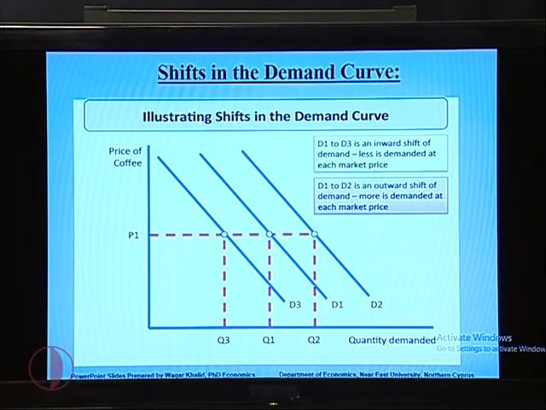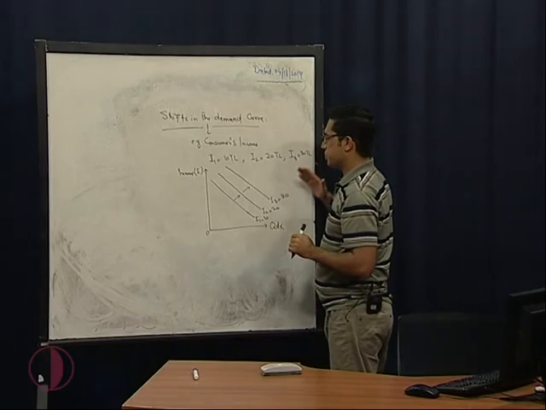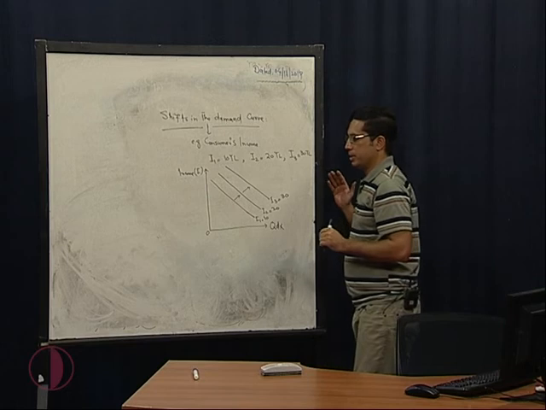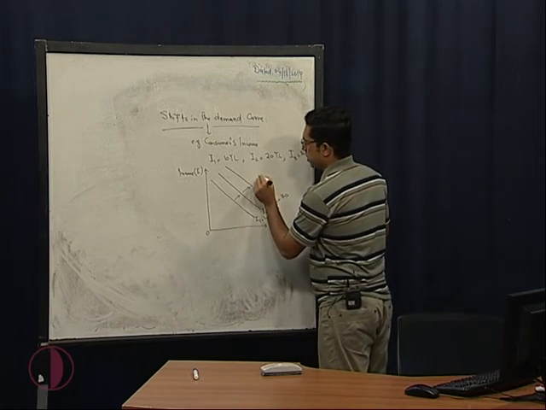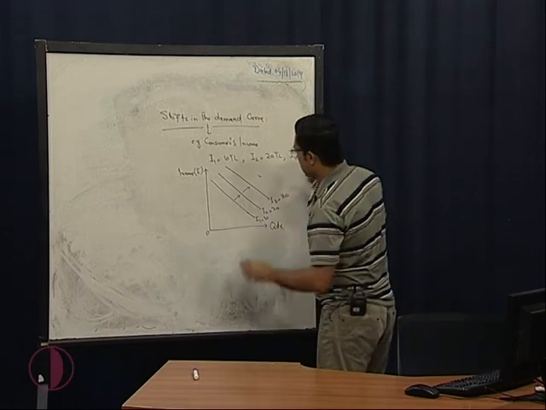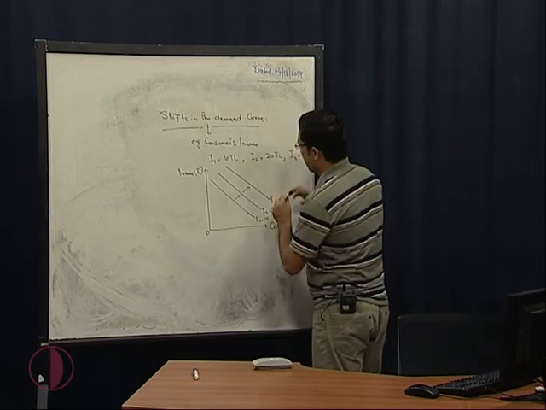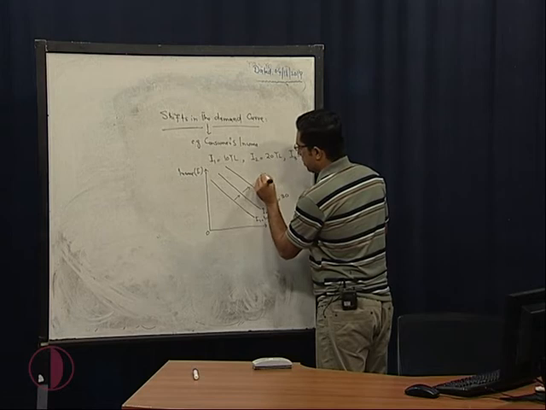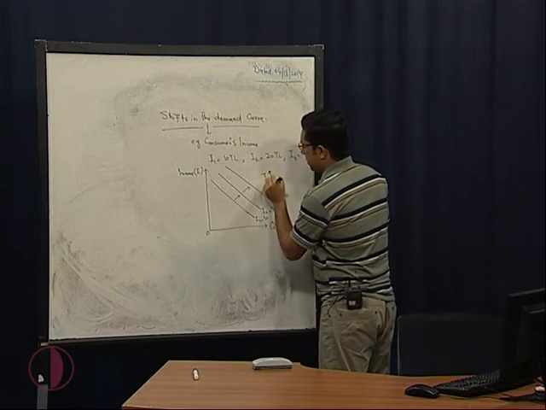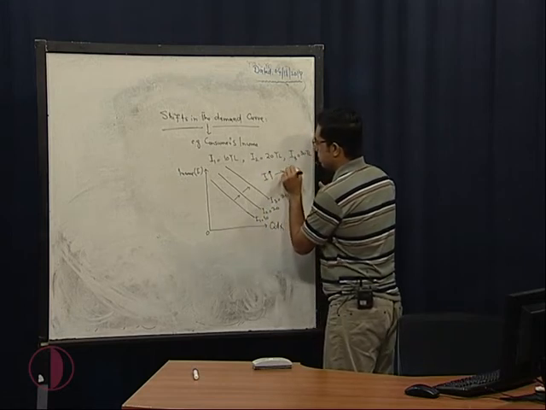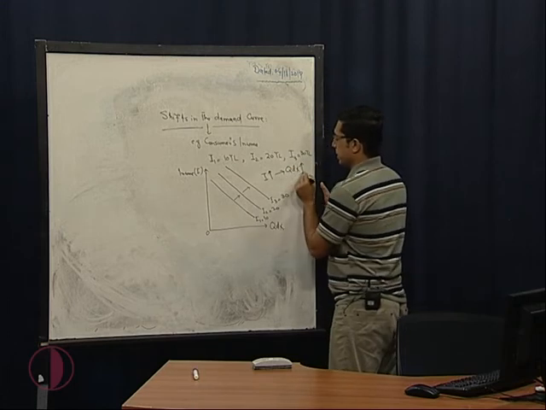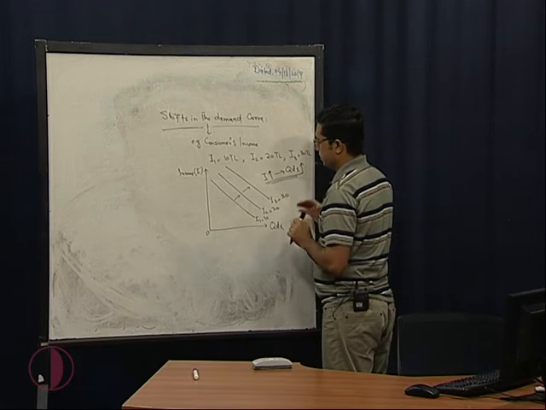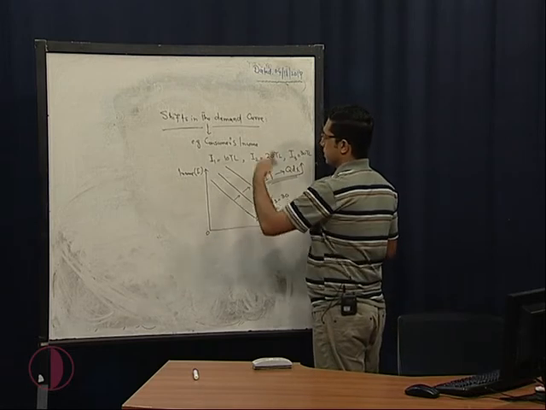It means that the demand curve totally shifts to the right side. Why? Due to the increase in income. So it means that if income increases, quantity demanded for a particular commodity increases as well. So this is the shift.